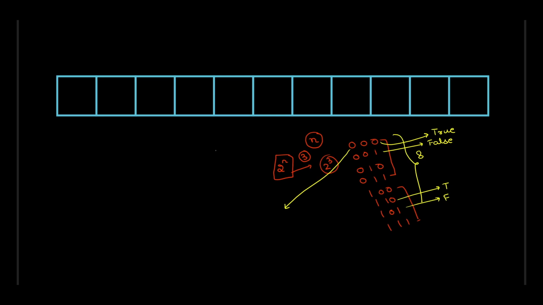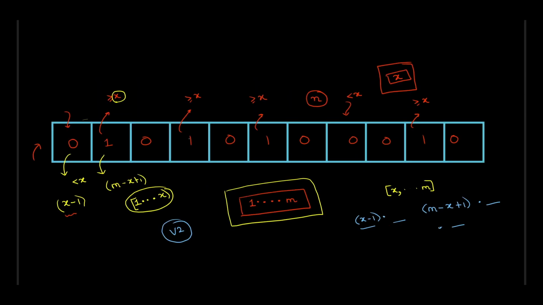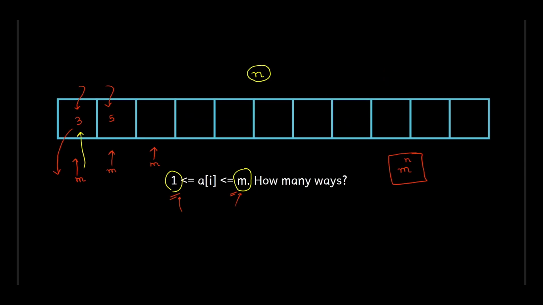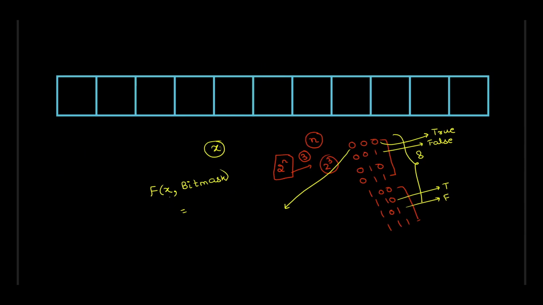And your goal is to find out, for each x, so define f of x comma bit mask as the number of ways to add numbers from 1 to m such that the ones in the bit mask indicate that you have to place a number that is greater than or equal to x, and the zeros in the bit mask denote that you have to place a number that is less than x.